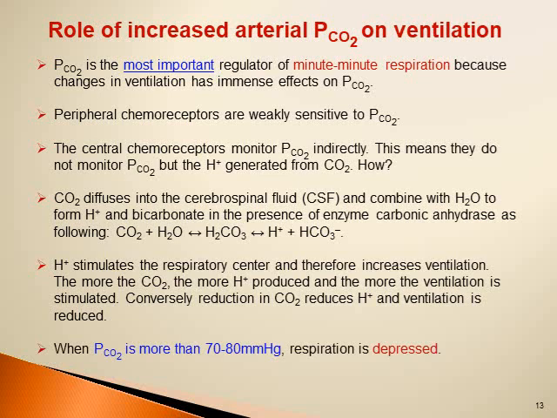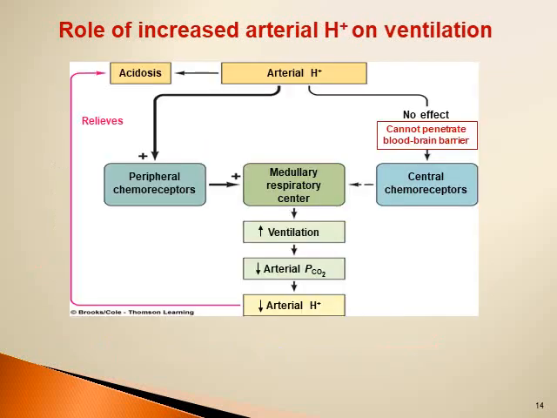As I said, when partial pressure of carbon dioxide is more than 70 to 80 millimeter mercury, this will cause direct depression of the respiratory center in the medulla. So we should avoid carbon dioxide reaching this level, as doctors in hospital having a patient with high carbon dioxide in his blood.